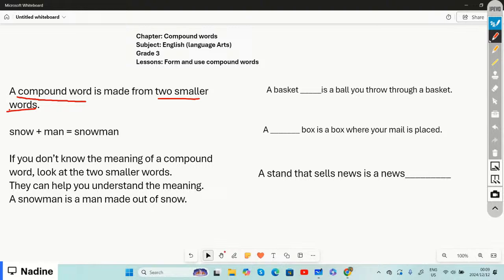That is what we mean when we say that it is made from two smaller words. You take those two smaller words, it's like you're joining them, this plus that, and then we get another word. That is compound words. It's like you're joining these two smaller words to create another word.